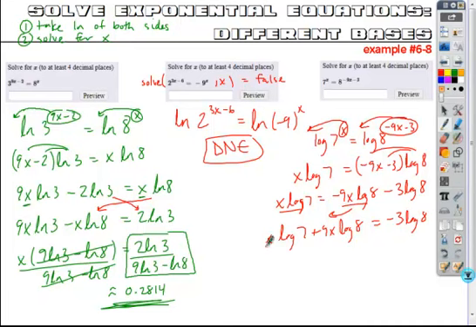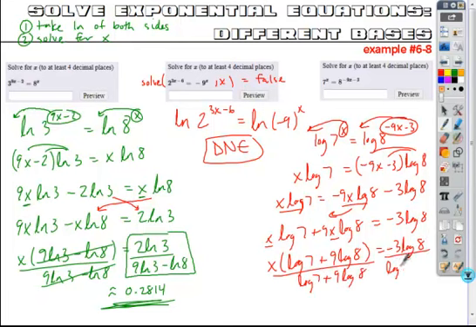And now I can remove my common factor of x, leaving log 7 plus 9 log 8. And finally, divide both sides to isolate my x completely. And that is my solution.